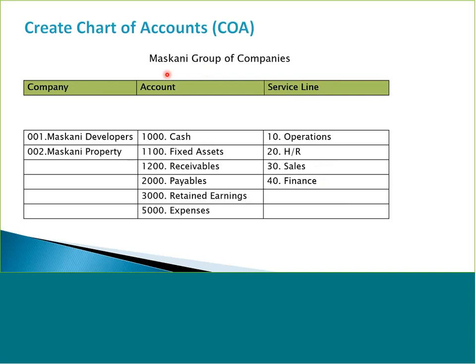And we're going to talk about that next. But if you create a chart of accounts that just contains the account part, you won't be able to post these journals, and we're going to discuss why that is.